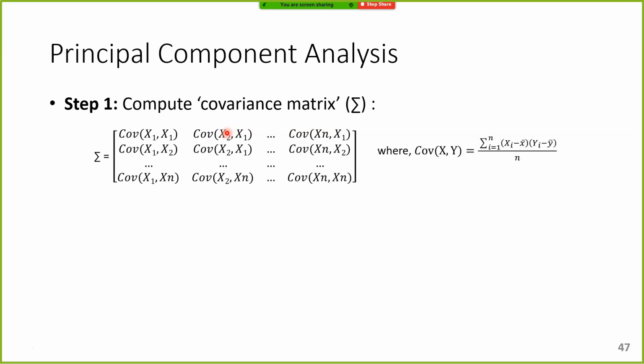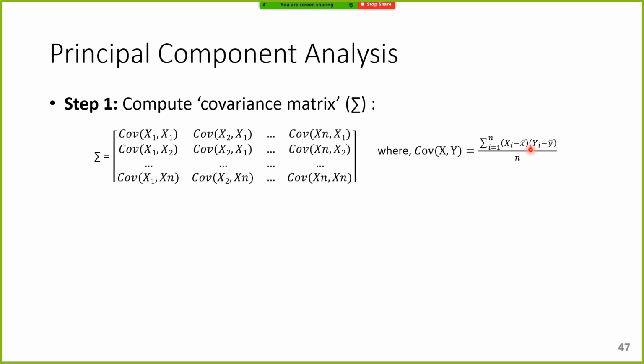First of all, we compute the covariance matrix sigma. The covariance between any two variables, or you can say any two columns of the data, is calculated using this formulation, where x bar is the mean of the x data and y bar is the mean of the y data, and xi is the individual data point.